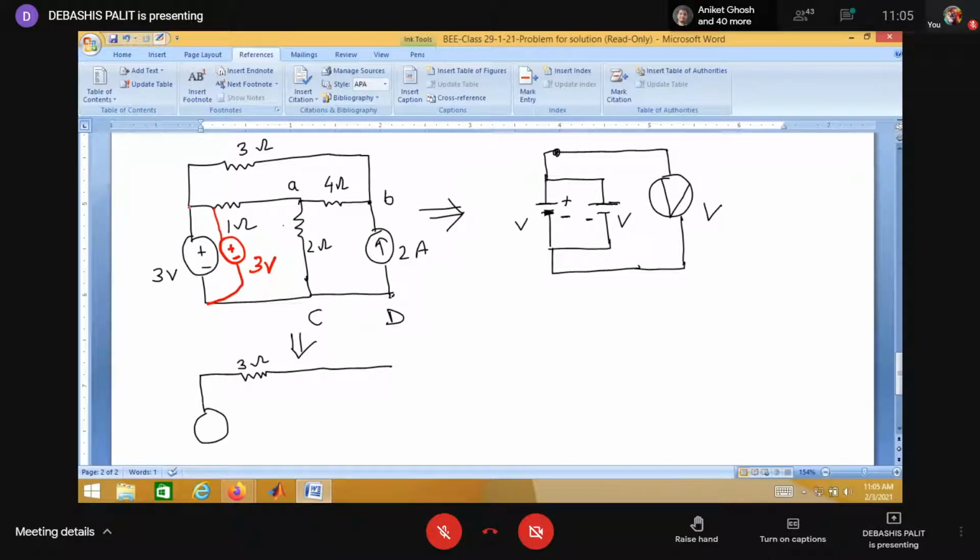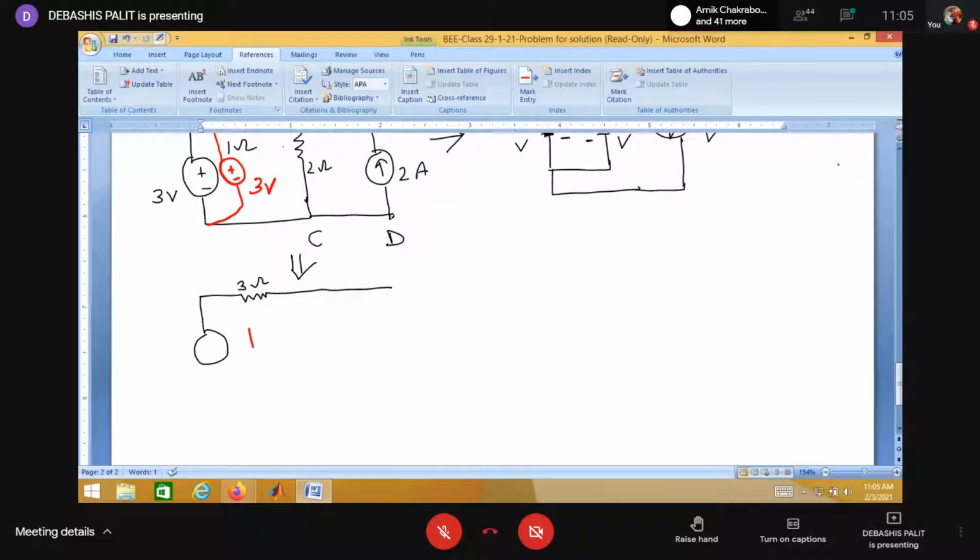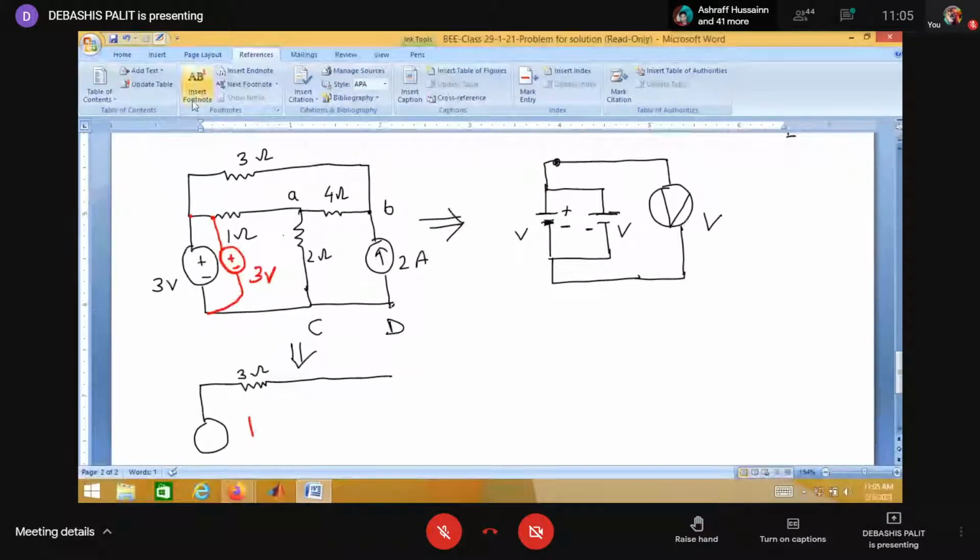So if these two points are there, I can equivalently consider there is a resistance, and the rest of the circuit is same.